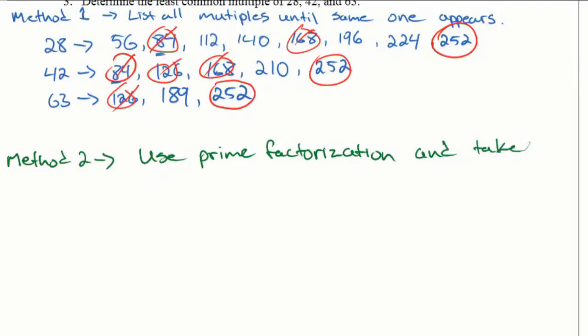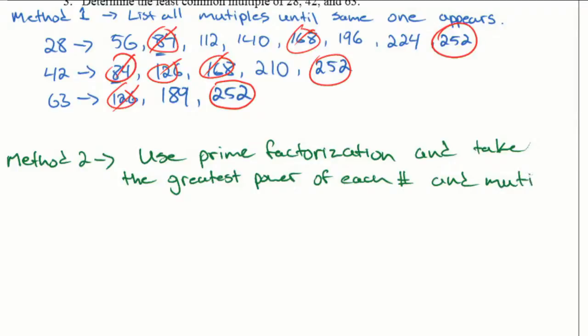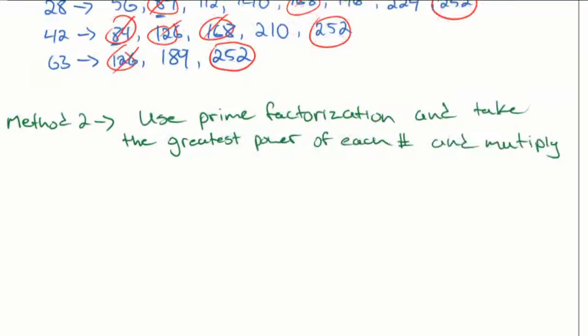We're going to take the greatest power of each number and multiply them. So this might not make a lot of sense right now, but we'll get there.